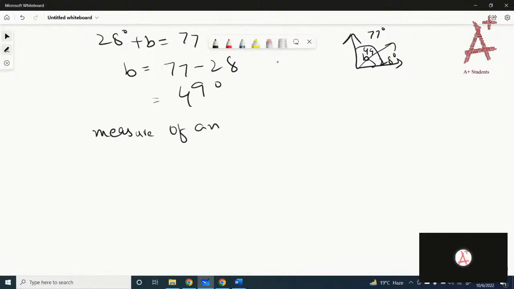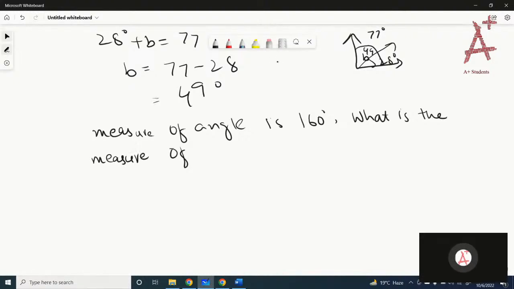The measure of an angle is 160 degrees. What is the measure of the supplementary angle? So the sum of supplementary angles is 180 degrees.